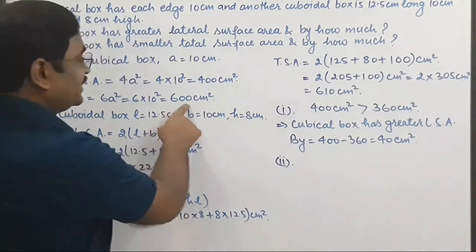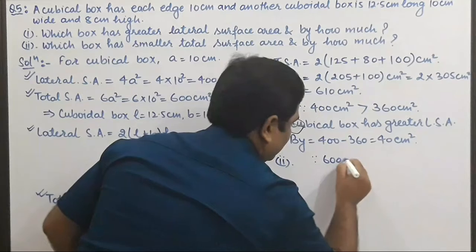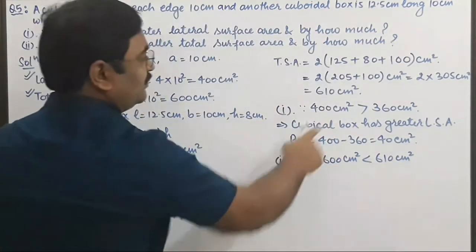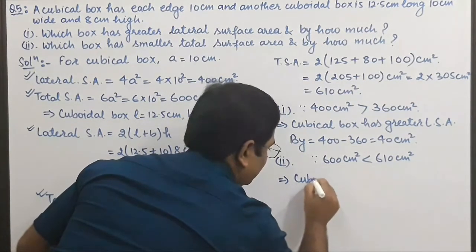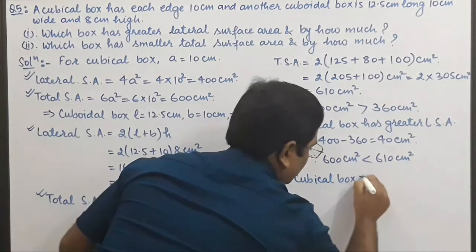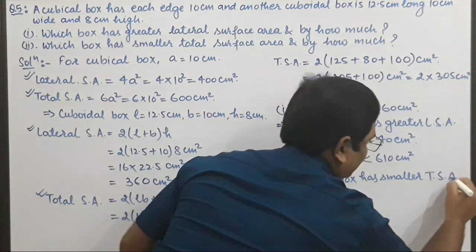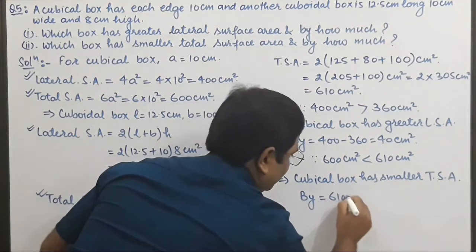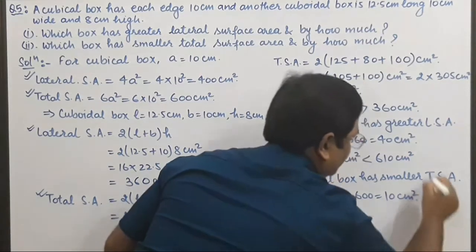So since 600 centimeter square is less than 610 centimeter square, therefore cubical box has smaller total surface area by 610 minus 600, which is equals to 10 centimeter square. So these are your two answers.